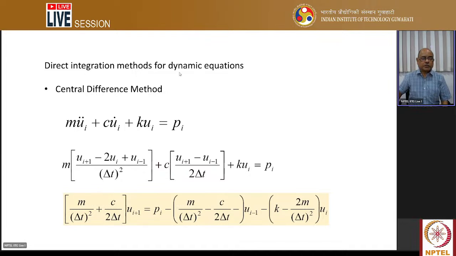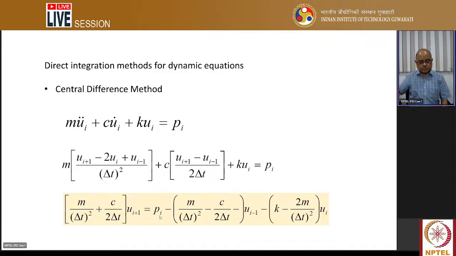Direct integration methods were discussed. Central difference method was first discussed. That is, the derivatives are written in finite difference form. And ultimately, knowing the force and displacement at previous time steps, I and I minus 1, we can determine the displacement at the current time step.